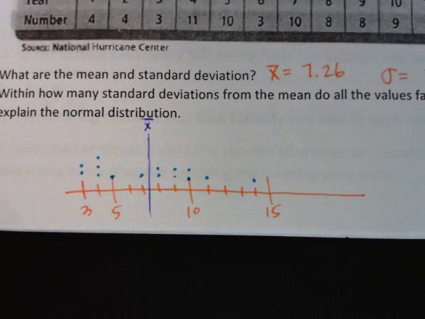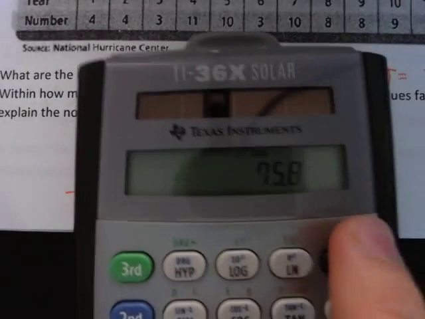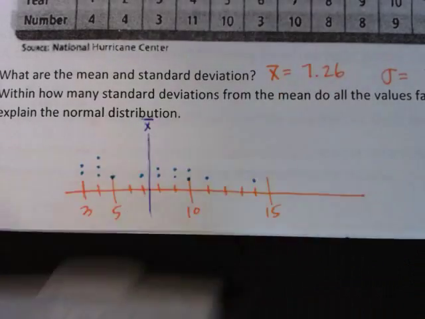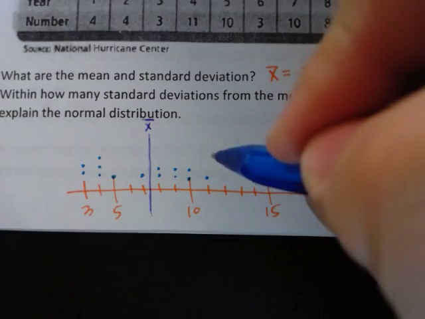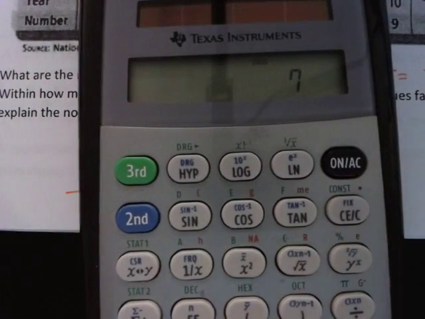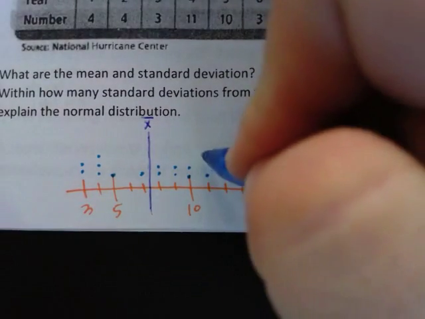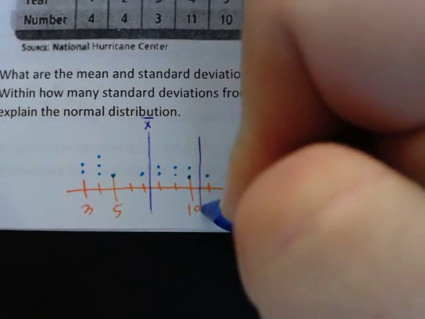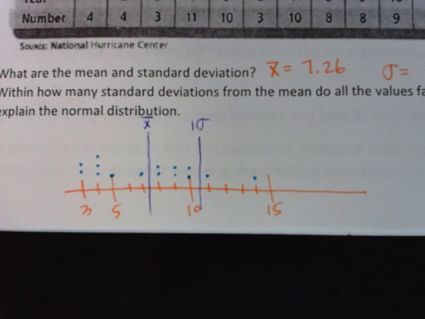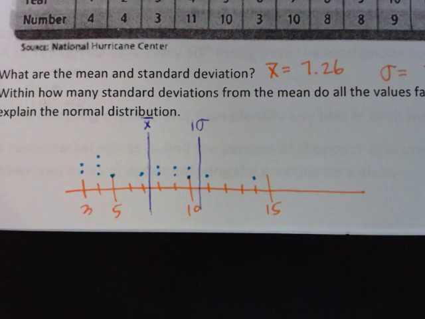So, if I go 7 points, I get 2, and 8 is first. Is that right? 7.3. One standard deviation. So, if I go 3 points, I get 13.7.